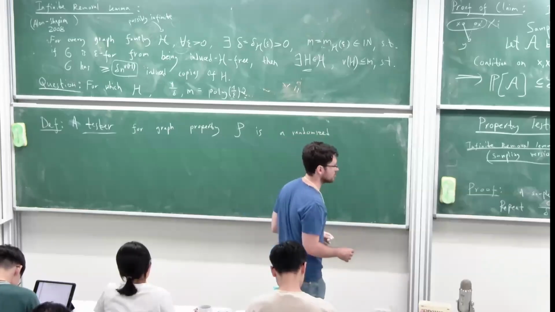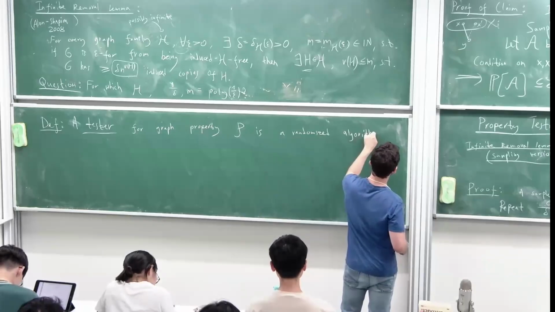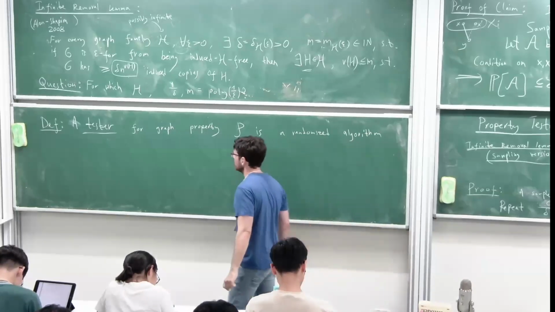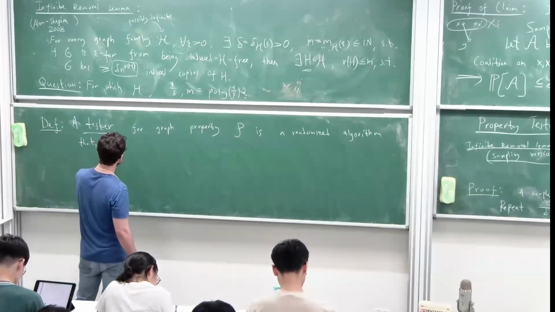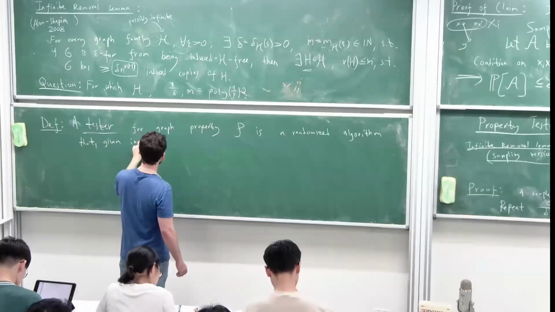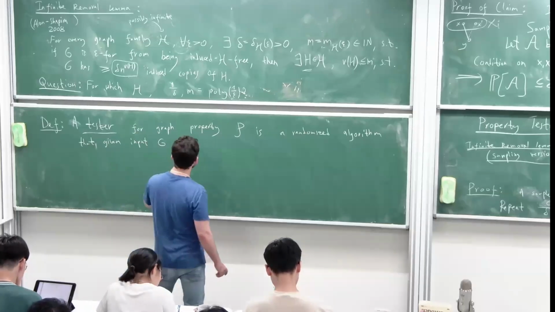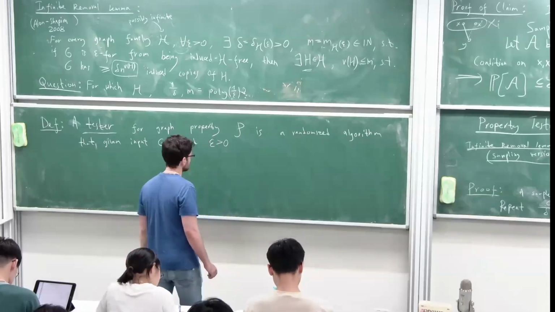Actually, it's really combinatorics, but a priori, it's a randomized algorithm that is given an input graph G, and it's given some approximation parameter epsilon.